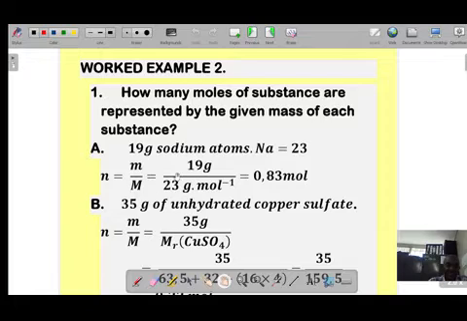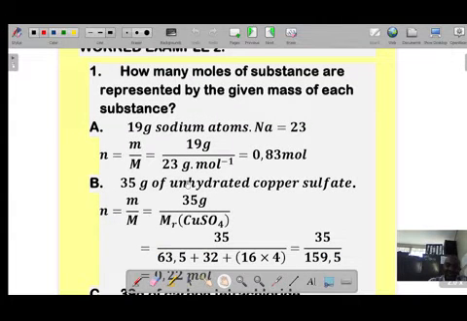So if you divide this, you're going to get what? 0.83 moles. So the 19 grams of sodium atoms contain what? 0.83 moles. Let us proceed. So don't forget the formula: n equals mass over molar mass. Then we substitute and get our answer.